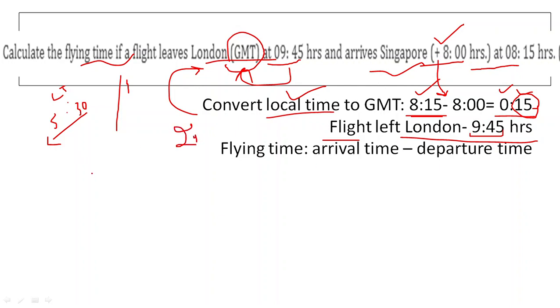So 9:45, then comes 10:45, then 11, then 12, and up to 13, 14, 15, 16, 17, 18, 19, 20, 21, 22, 23. That is 11 p.m. So how many hours? 1, 2, 3, 4, 5, 6, 7, 8, 9, 10, 11, 12, 13, 14 hours already.